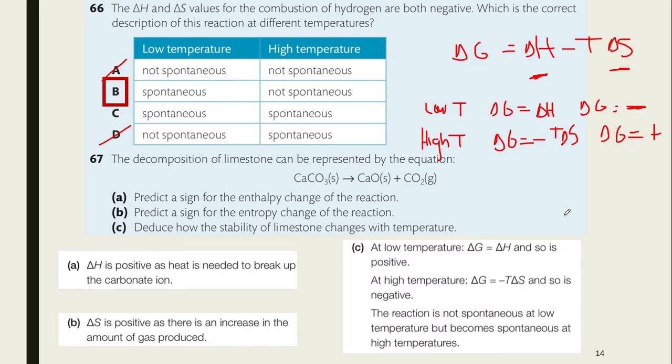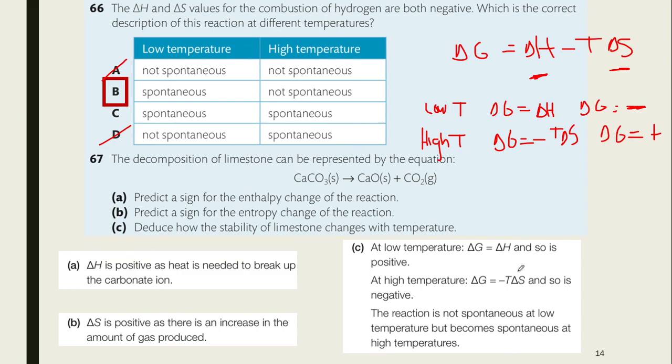At low temperatures, delta G equals delta H, and therefore delta G is going to be positive because delta H is positive. At a high temperature, delta G equals negative T delta S, and so it is negative because the entropy change is positive.